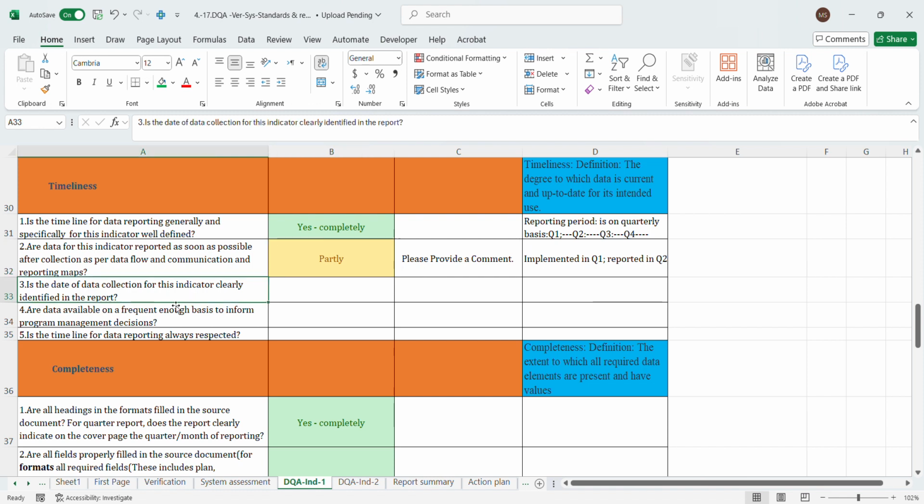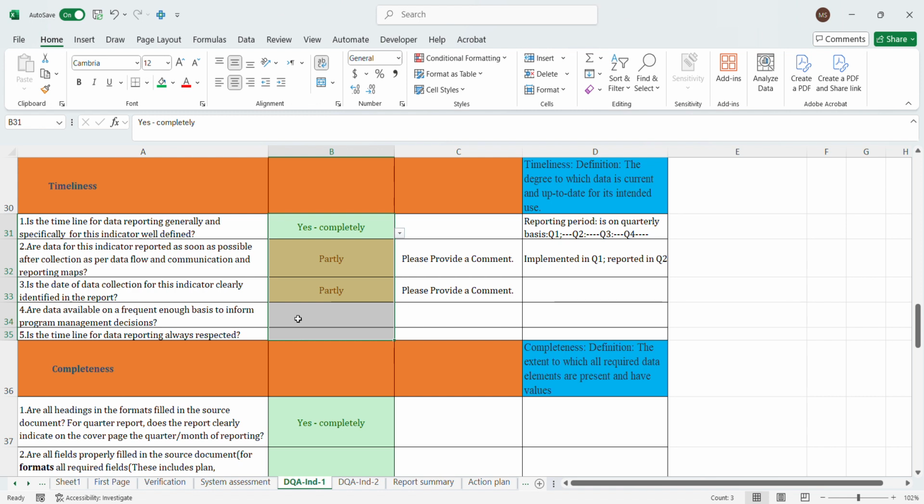The third question is: is the date of data collection for this indicator clearly identified in the report? If the date is already indicated clearly, we can say yes, otherwise we can say partly. From the practical point, in my experience, this is one of the areas that performs under expected in real-life situations.